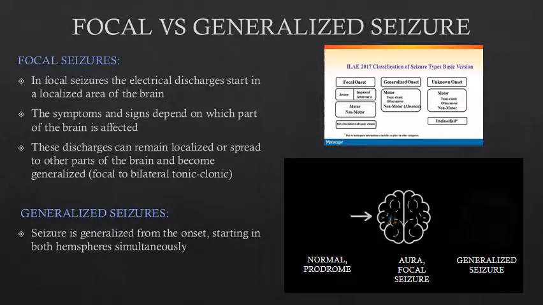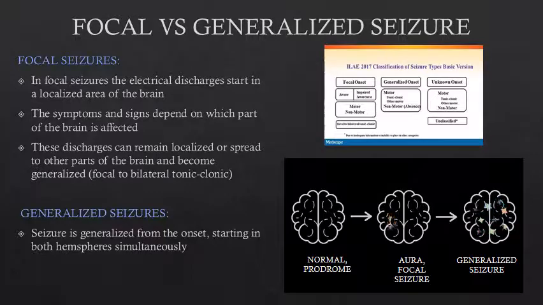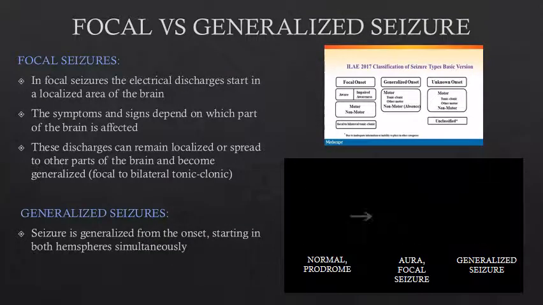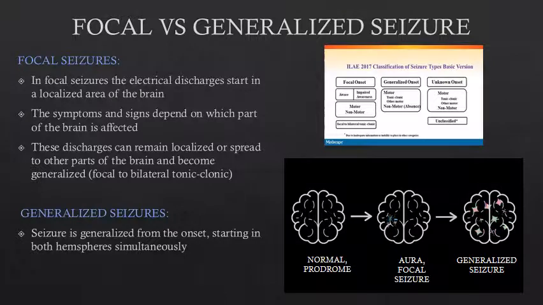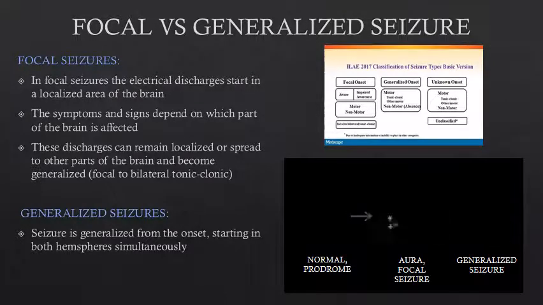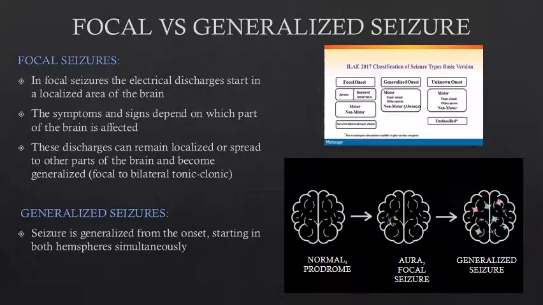This is the clinical presentation of a focal seizure that converts to a generalized seizure. Therefore, secondary generalized seizure. Some patients from the onset will present with a generalized tonic-clonic seizure. This is called a primary generalized seizure.